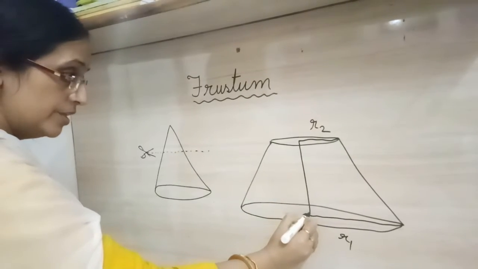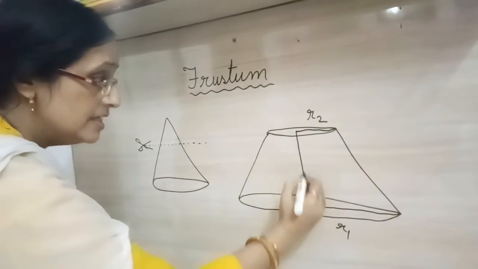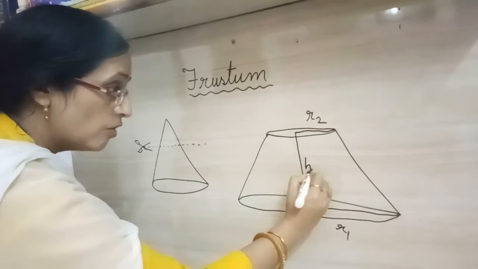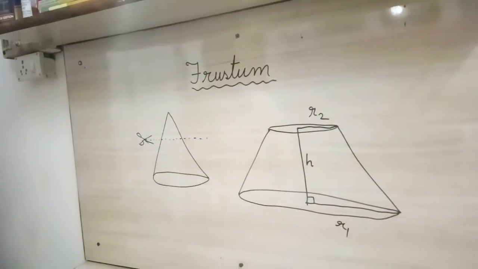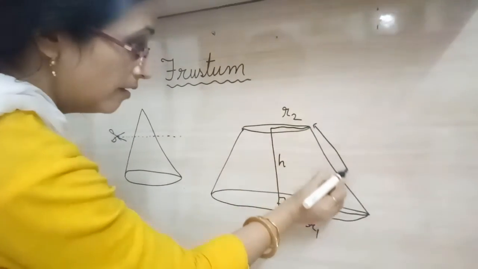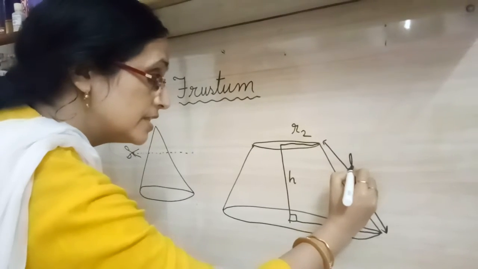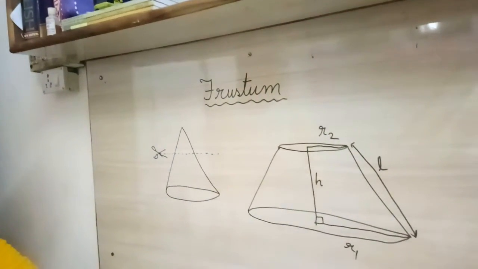This perpendicular distance from center to center, which will make a 90-degree angle, this will be the height of the frustum. Okay, and from here to here, this represents slant height denoted by L.